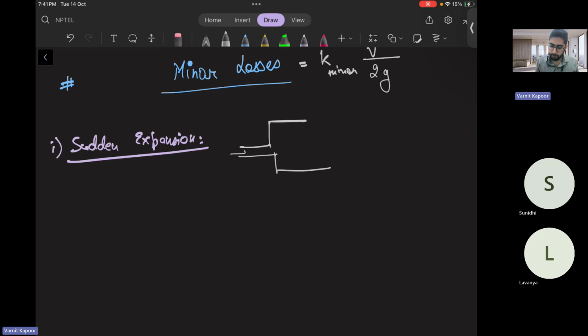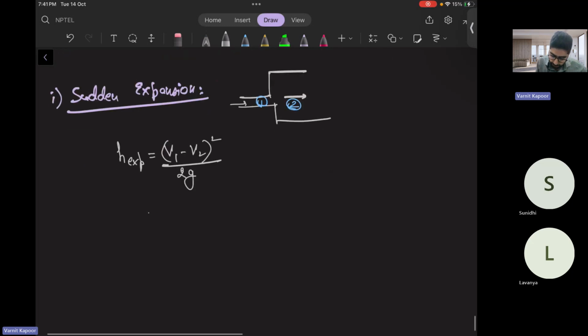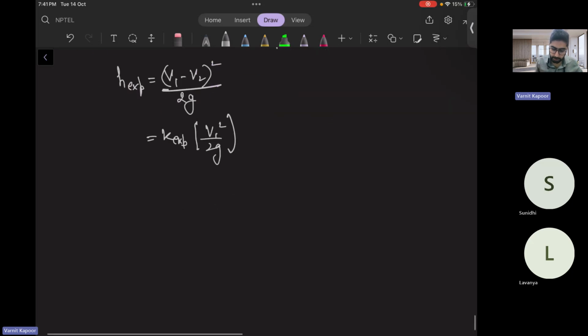Suddenly my fluid which was coming expanded. So my h experimental value is V1 minus V2, where this is position 1 and this is position 2, whole square by 2g. Or you can also write K experimental in terms of V1 square by 2g. This is your relation.